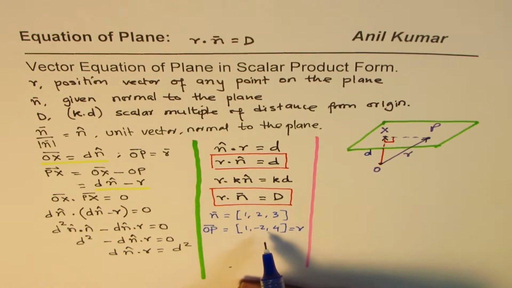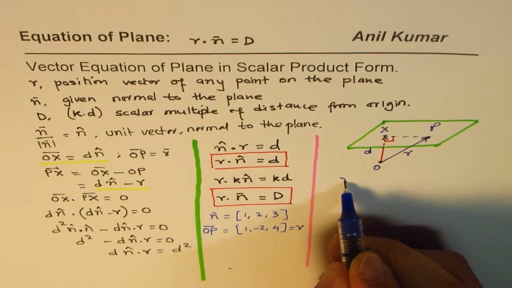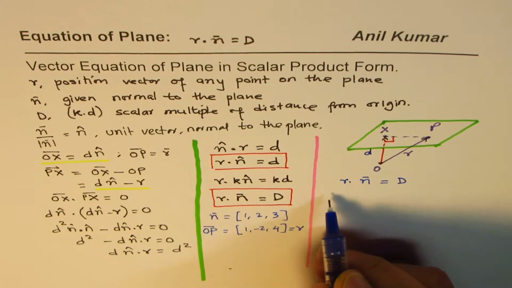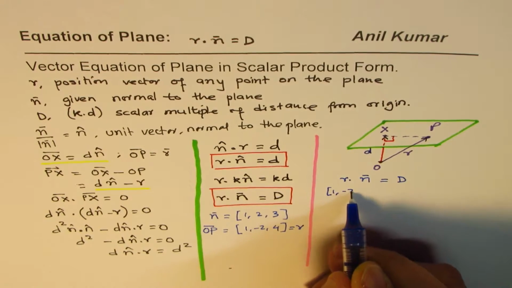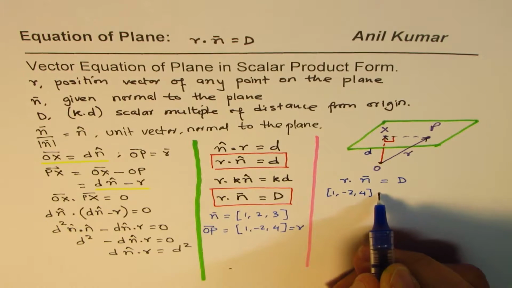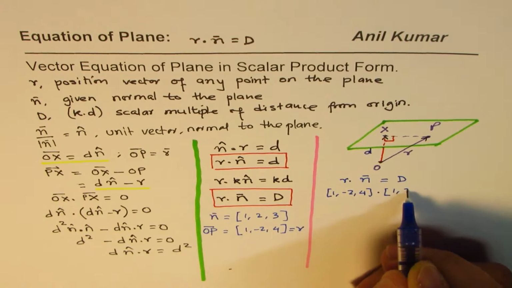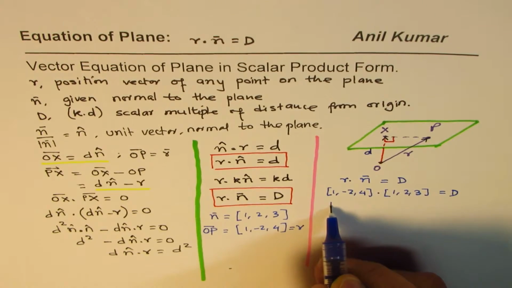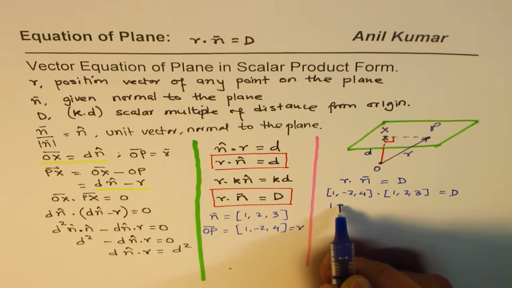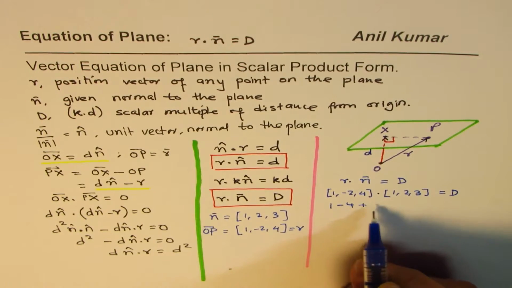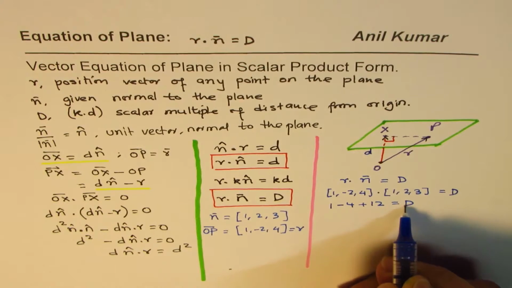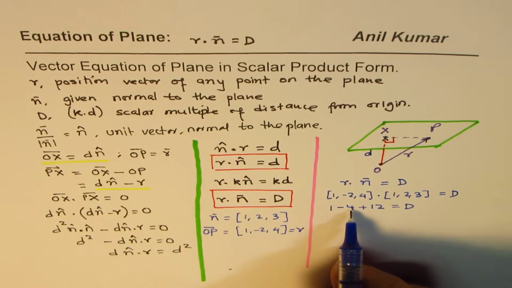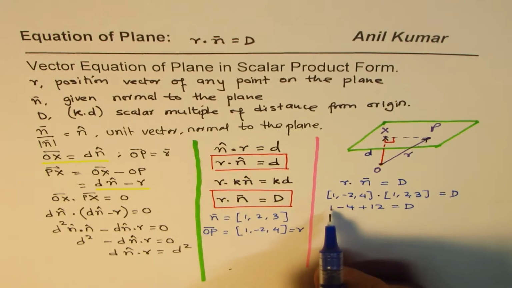How do we find the equation of a plane? So we can do R dot n is equal to D. R is 1, minus 2, 4, dot n is 1, 2, 3, let's say, equal to D. So 1 times 1 is 1, minus 2 times 2 is minus 4, 4 times 3 is 12, equals D. And that gives us 1 minus 4 plus 12, which is 9.